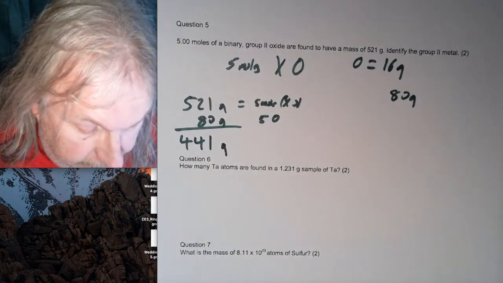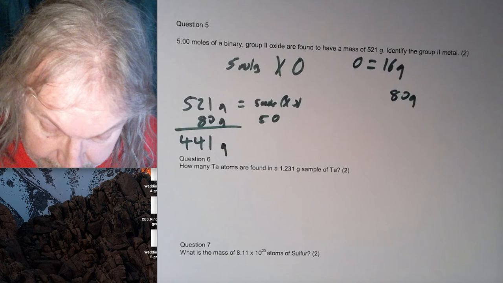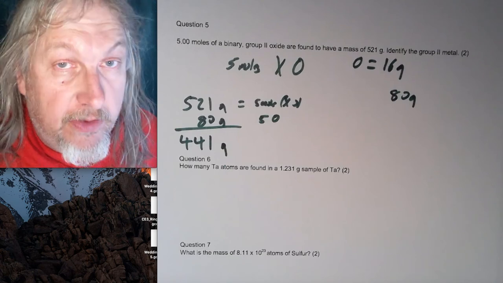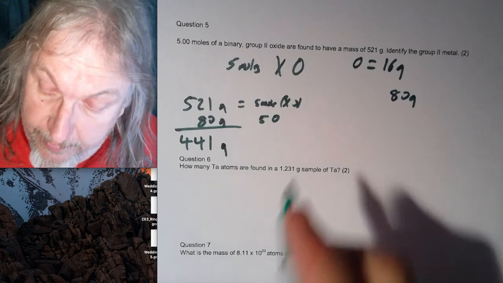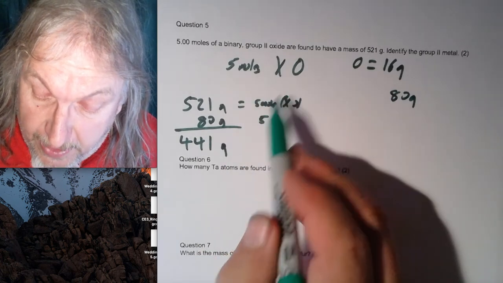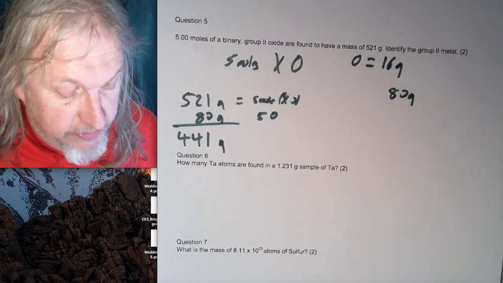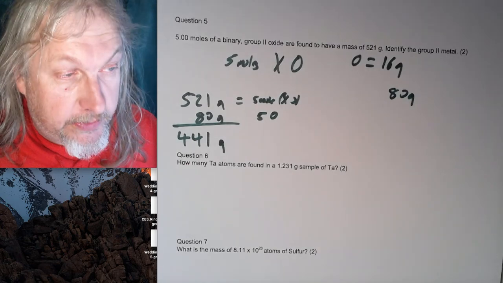Now, if I went ahead and started looking for that, I'm not going to find it. There's not an element on here that weighs 441 grams atomic mass. However, if you recall, there's 5 moles of oxygen. That means there's 5 moles of the other one, of the group 2 metal.